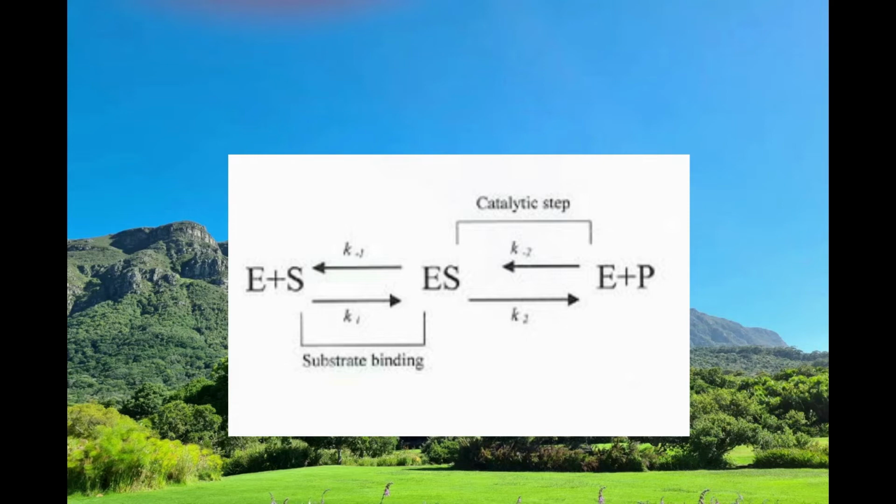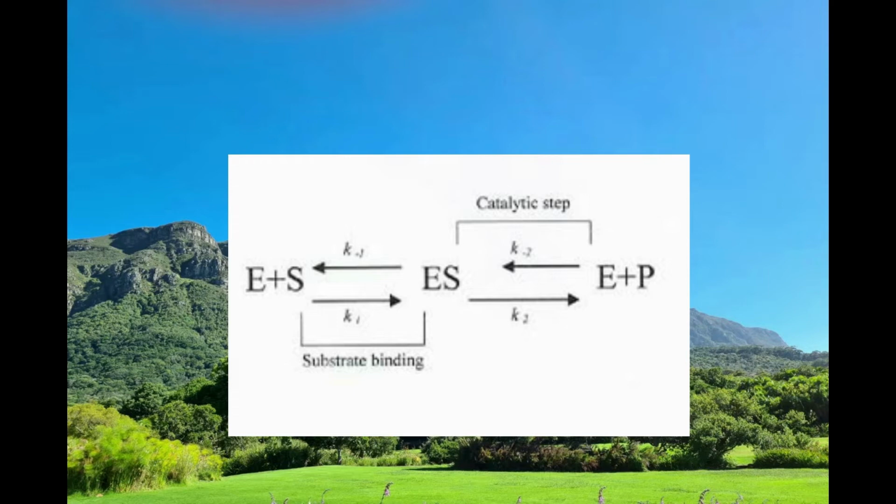Without enzyme, it requires a lot of time because of the high activation energy, but the enzyme brings down this activation energy, the reaction speeds up, and the product forms immediately. So enzyme lowers the activation energy, thus increasing the rate of reaction.